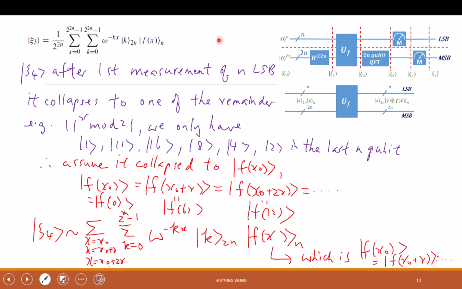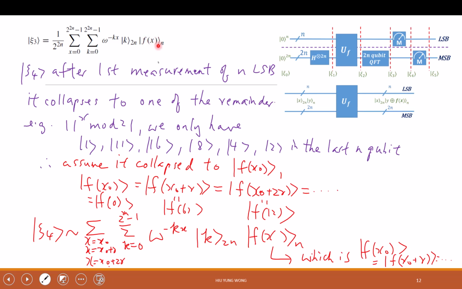Correct? So when I measure this, it will collapse to only one of the f of x values. For example, it may collapse to 11. If this is 11, what are the possible x here? It can be 1, 1 plus 6, 1 plus 2 times 6, 1 plus 3 times 6. So only these will survive.